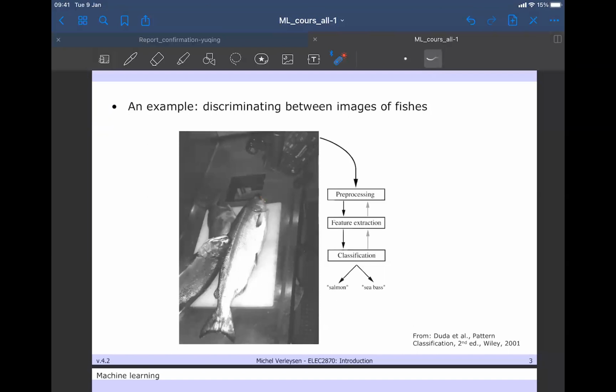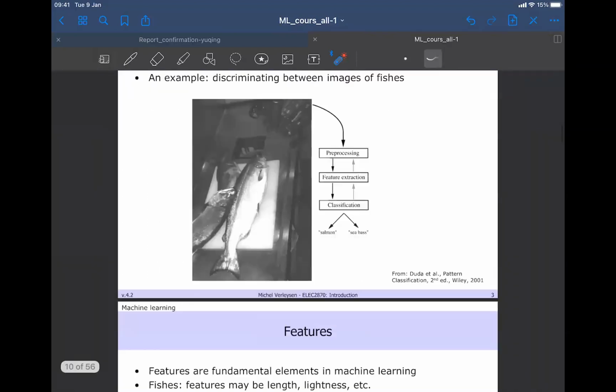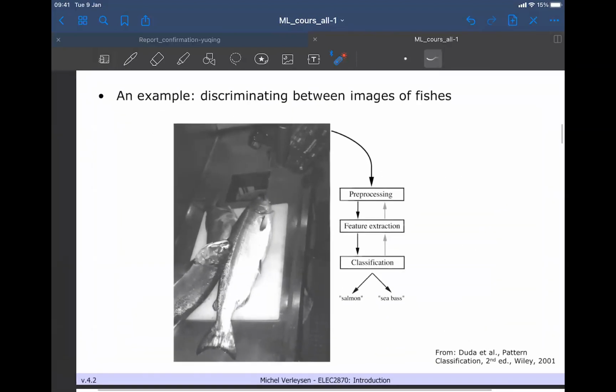So for simplicity, we say there are two possibilities. There can be a salmon or it can be a sea bass. So how does it work? You get the picture, you do some pre-processing, you get some features, and then you use another layer classification that will, based on the features, say it is a salmon or a sea bass.